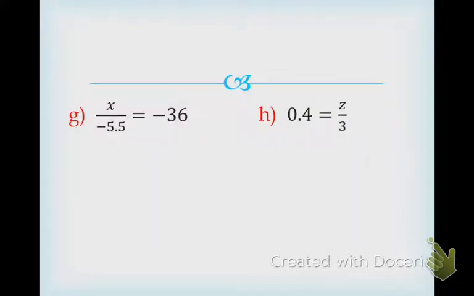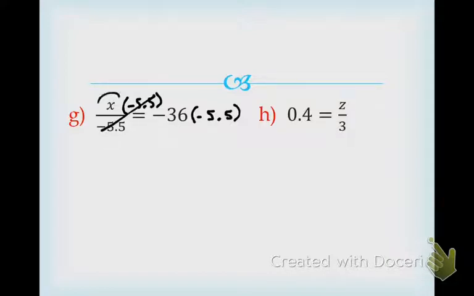We want to get the x by itself on problem G. What is keeping x from being alone? Divide by negative 5.5. What's the opposite of dividing by negative 5.5? Multiplying by negative 5.5. What I do to the left side, I must do to the right side. Negative 5.5 over negative 5.5 equals 1.